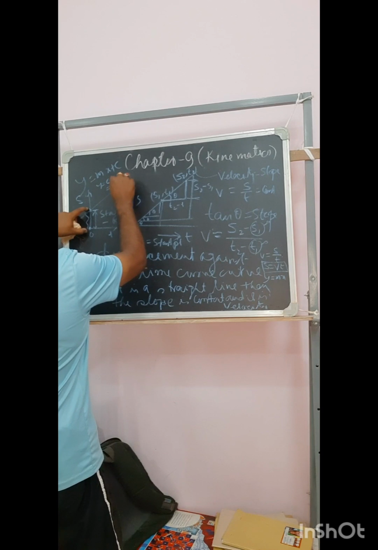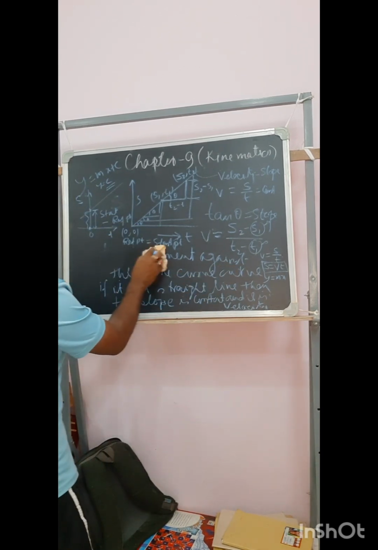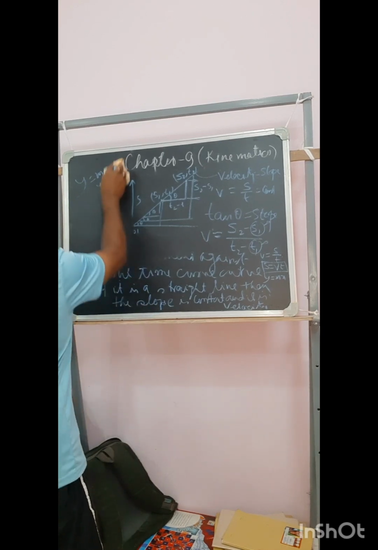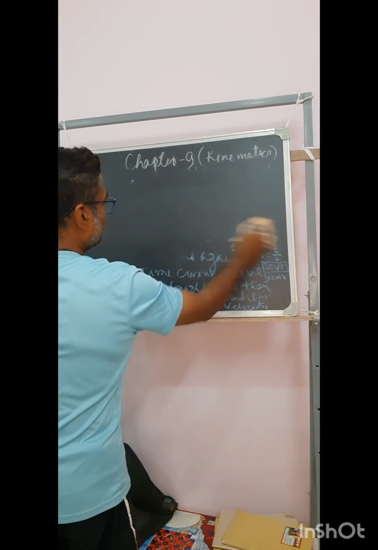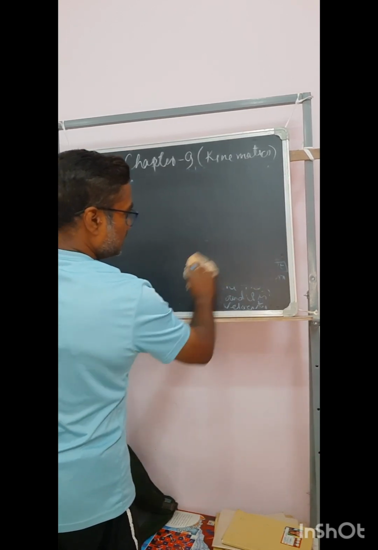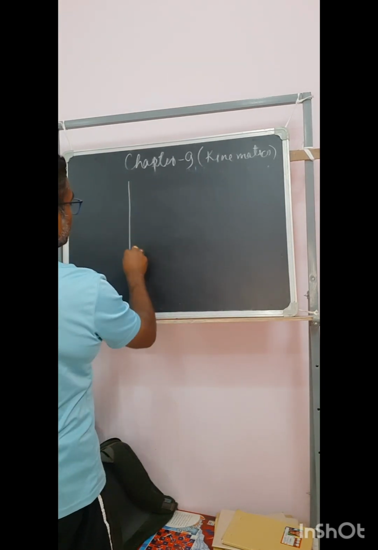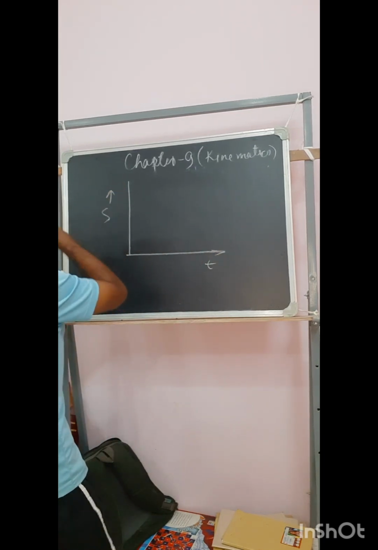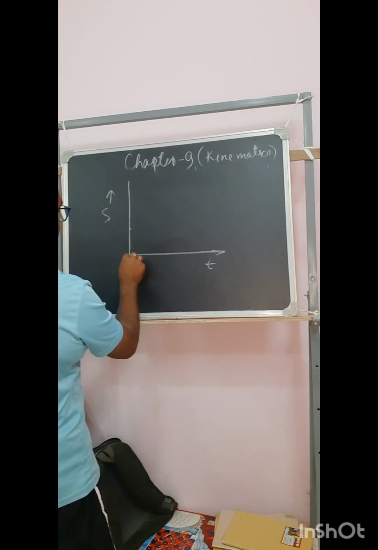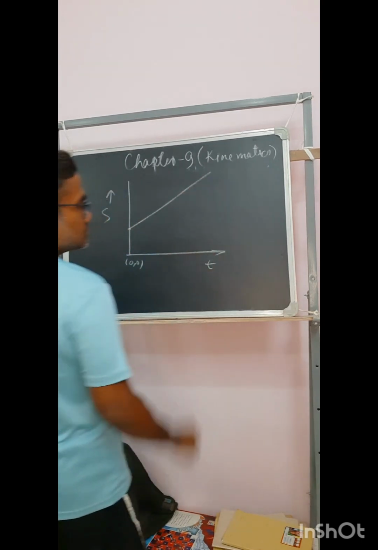If the start point and the reference point are different, you will get a certain distance from the reference point. How will you then read the equation? Now the curve will differ somewhat. So if I draw the curve again, t against s, assuming this is 0, 0, and your start point is somewhere here, and then a slope.